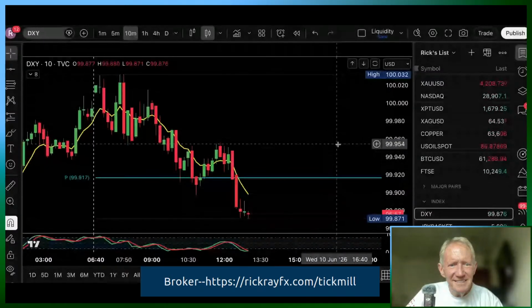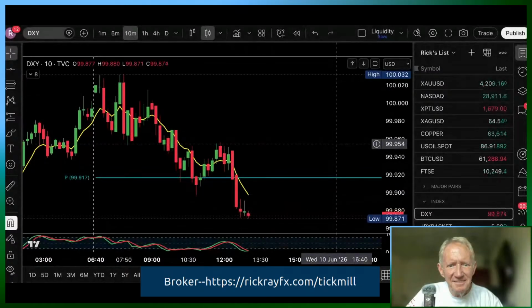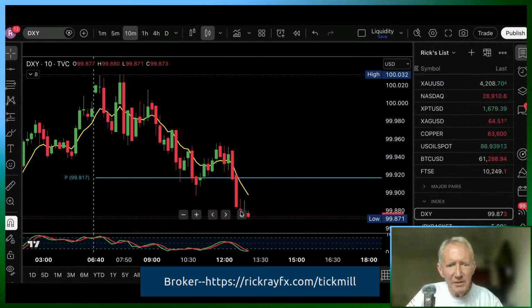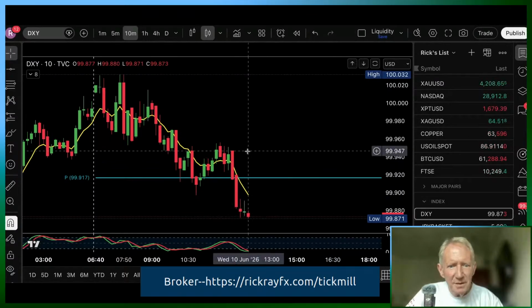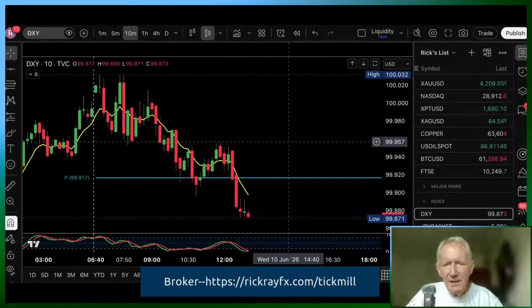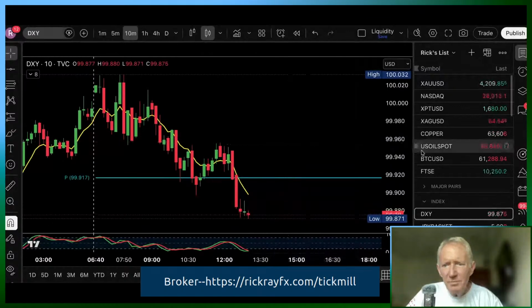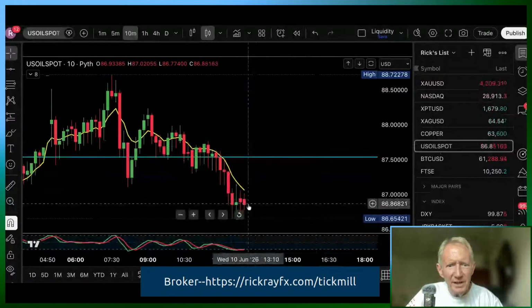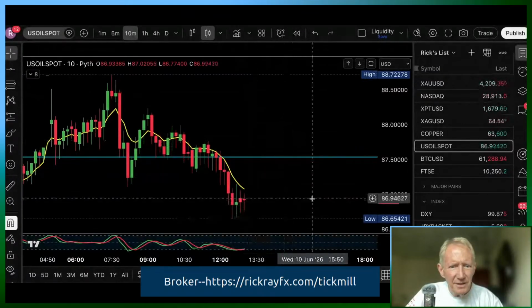Okay. It's still going down. I know we got a small candle here, and then we got a doji. And sometimes a doji can indicate continuation, but that's on the 10-minute chart. What's oil doing? Oil kind of going sideways the last 20 minutes or so.